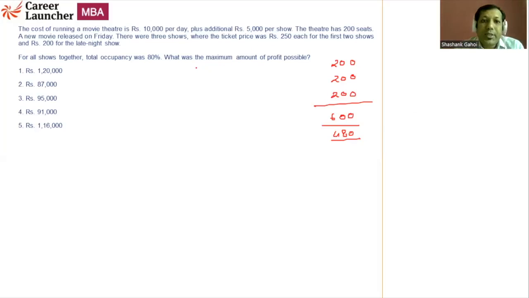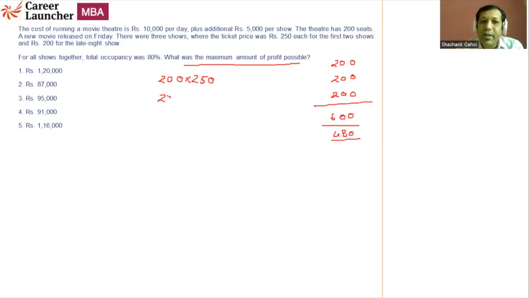The question is talking about what is the maximum possible profit. So if I'm looking for higher profit, it means I'm looking for higher revenue. So if I'm looking for higher revenue, I need to sell tickets at a higher price. So out of 480, I am selling 200 tickets in the first slot, and the price of these is 250.